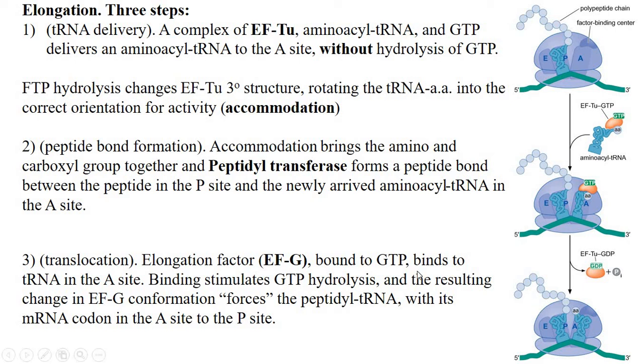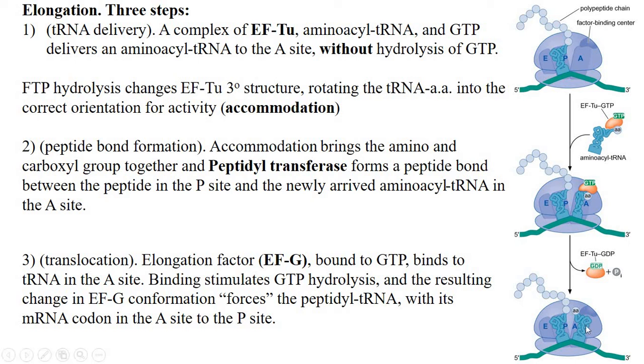And the third step is called translocation. Elongation factor EFG, another elongation factor which is also bound to GTP, binds to the tRNA in the A site. So here in the A site, this EFG will come and bind there, and this binding of EFG will hydrolyze GTP.